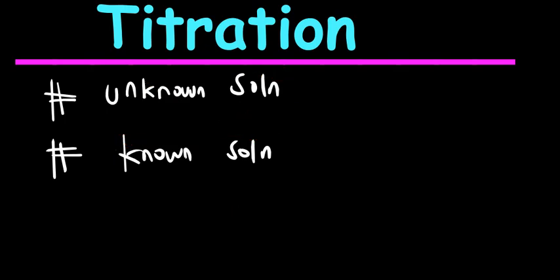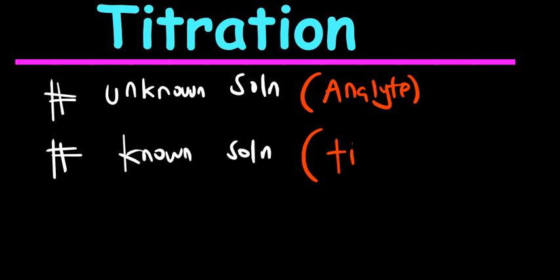That is what we're calling titration. So now, an unknown solution is called an analyte. Then, the one that you know is called a titrant. Once you know this, at least these are some of the basics.